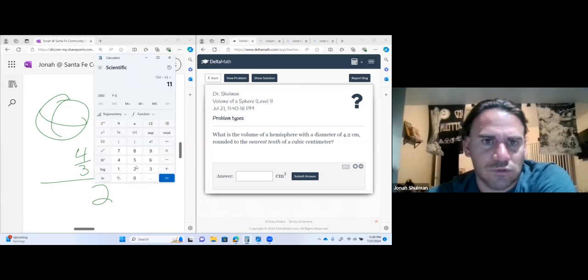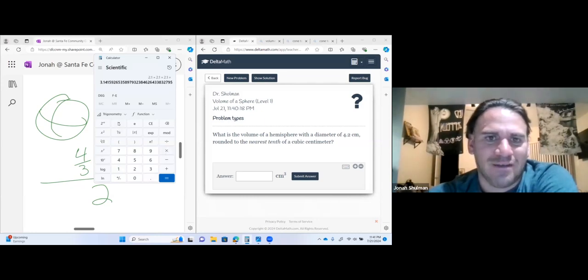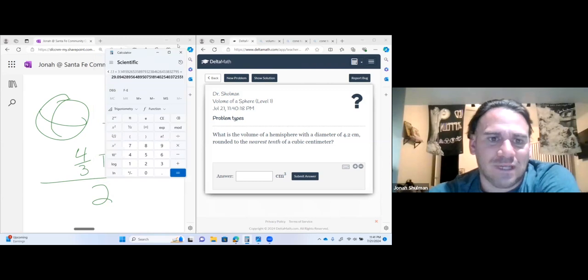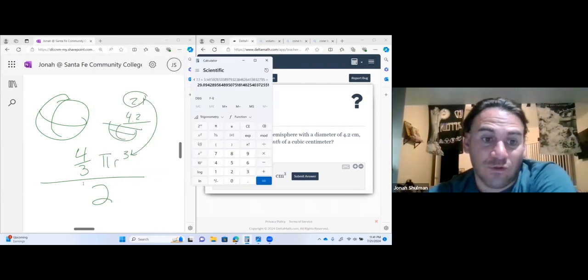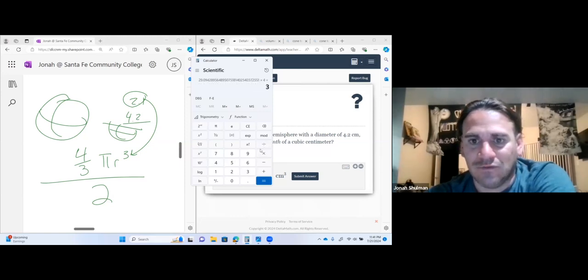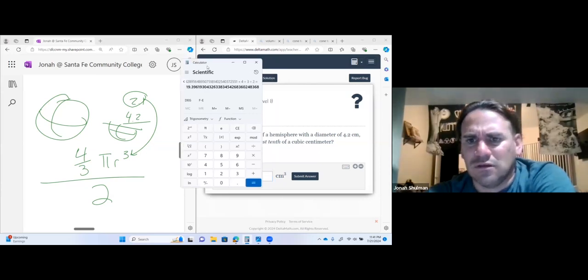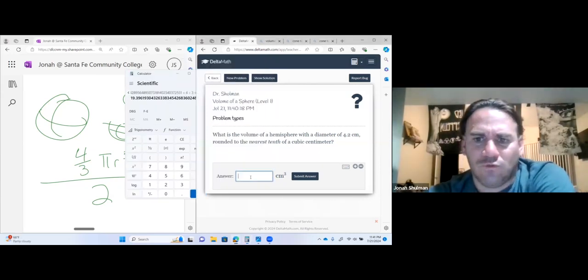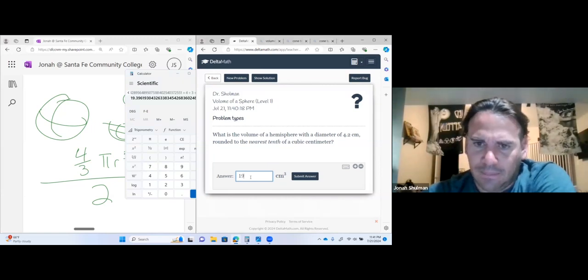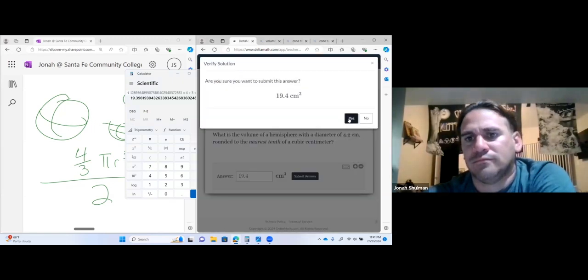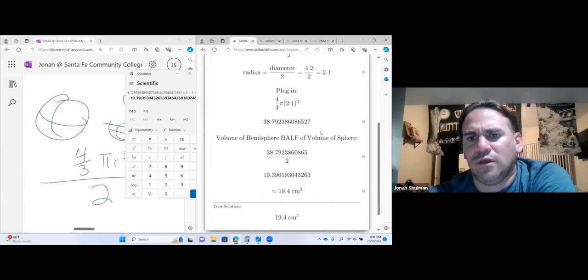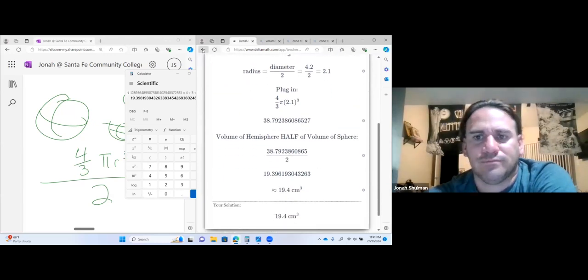So it's 2.1 times 2.1 times 2.1 times pi. All right, so that's everything before the 4/3 divided by 2. So we're going to multiply by 4, then divide by 3, and then divide by 2. You could divide by 6, but this is just visually what looks right to me. To the nearest tenth is 19.4. Perfect. Half of it, 19.4.